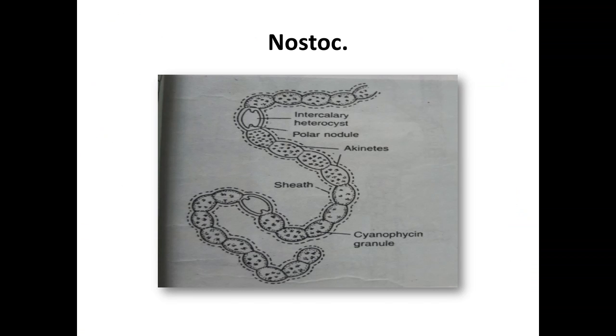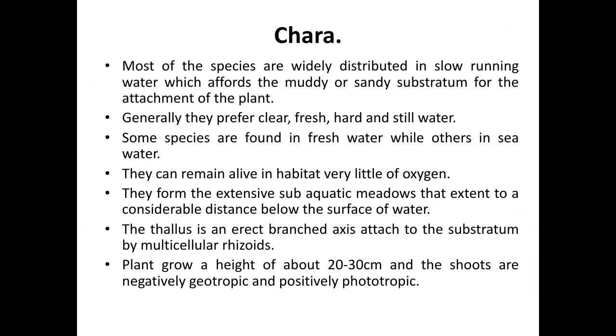This fixed nitrogen is given to the developing filament. Then the whole trichome is surrounded from all sides by a gelatinous sheath. And here the heterocyst is larger than the vegetative cells. So these are the main points of the Nostoc filament.